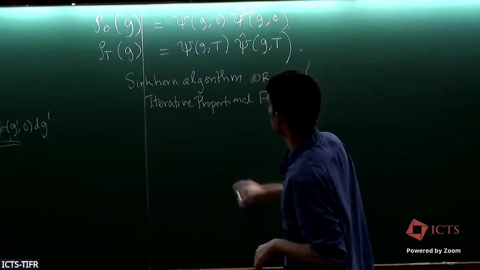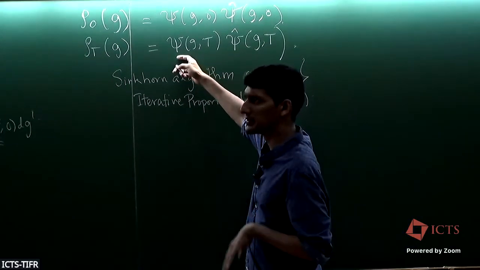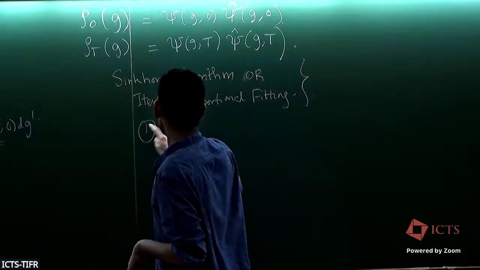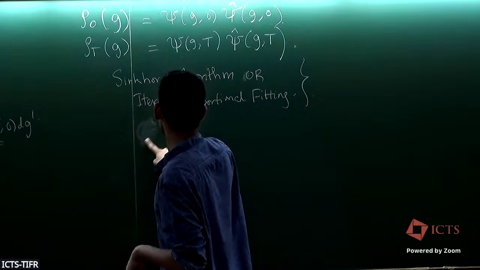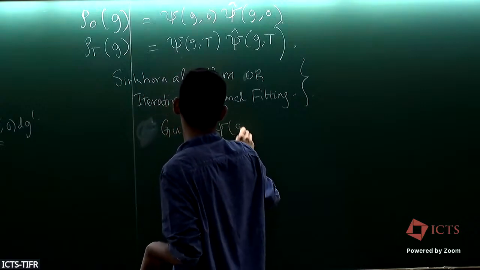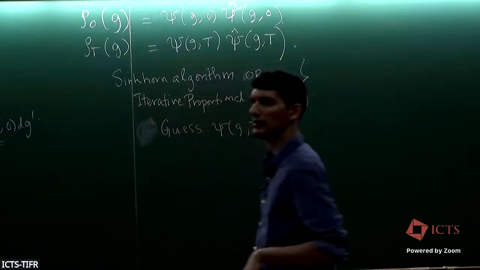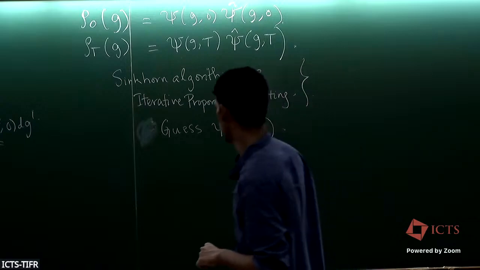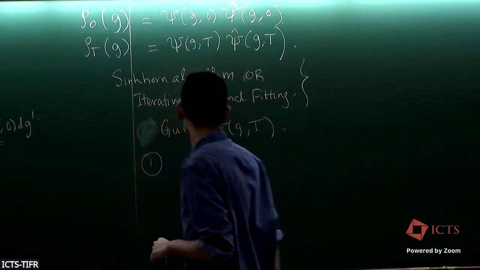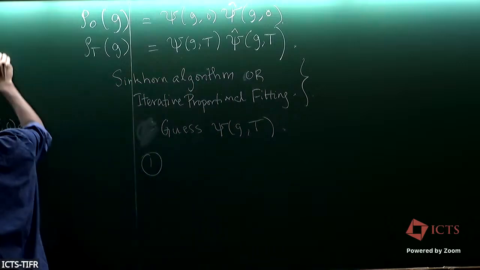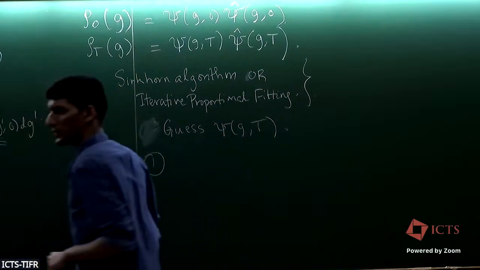What you do is guess an initial value of psi. So the first thing you do is guess some psi g t. You start with an initial guess for the solution. Now, once you have psi g t, I'm going to call this equation 1 and this equation 2.